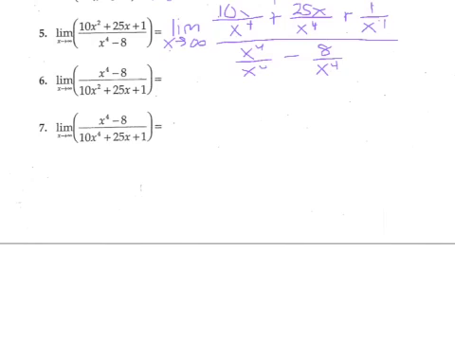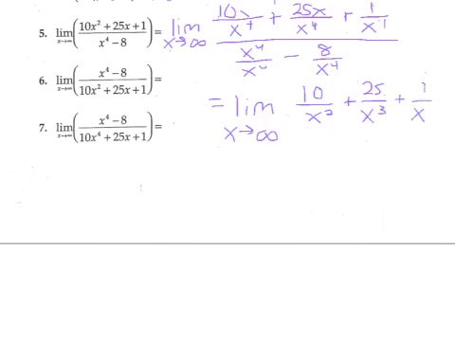And then after simplifying, that will give us the limit as x approaches infinity of 10 over x squared plus 25 over x cubed plus 1 over x to the 4th over 1 minus 8 over x to the 4th.